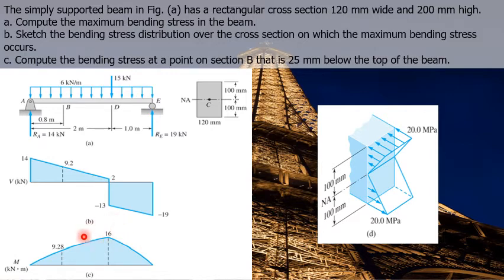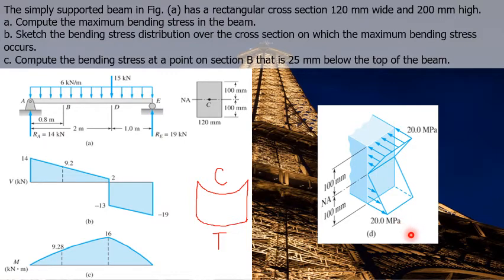And for a positive bending moment, we recall that the beam smiles, so that the top of the beam is under compression and the bottom of the beam is under tension. So at the top of the beam we have a compressive stress of 20 megapascals, and at the bottom of the beam we have a tensile stress of 20 megapascals.